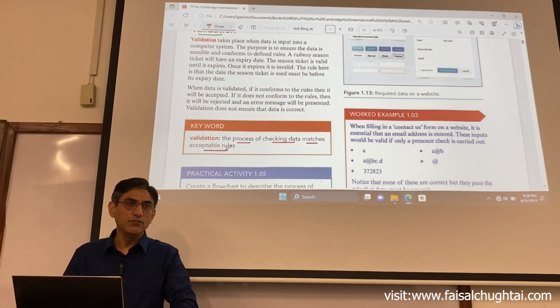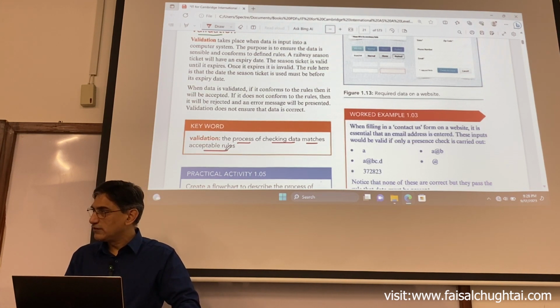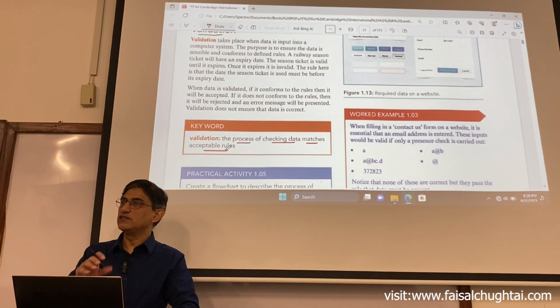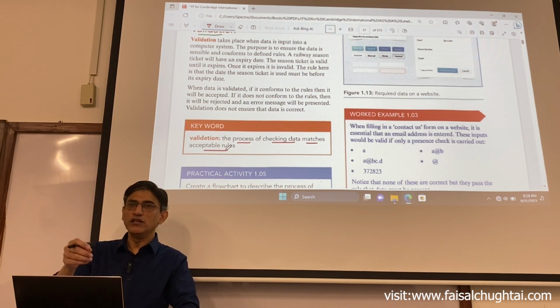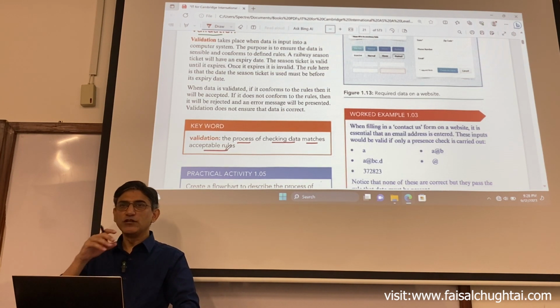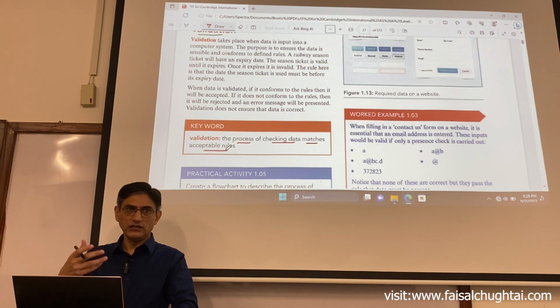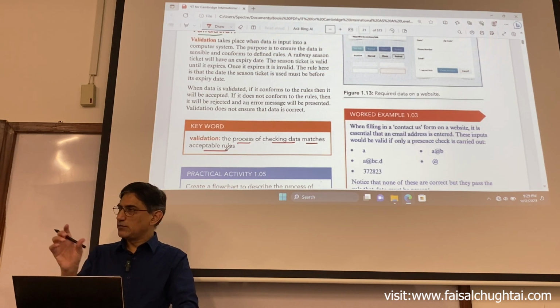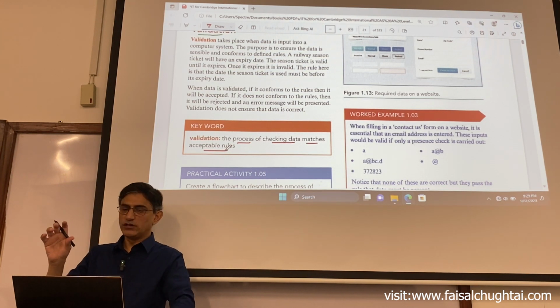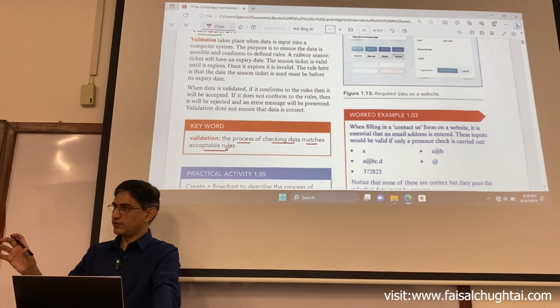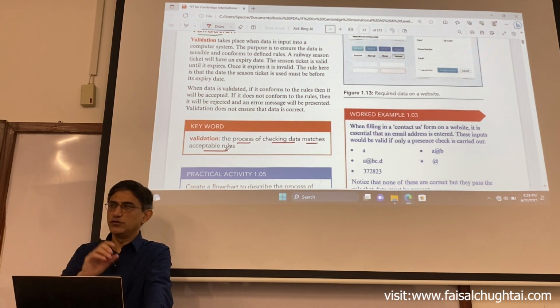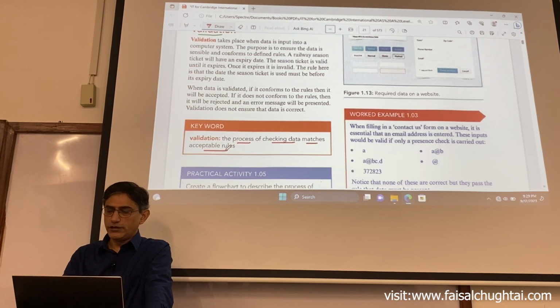Those rules have already been implemented by the person who designed that program. He would have programmed them into the program, so that when the program is used, those rules are used to check the data against any incorrectness or inaccuracies, and it can be corrected. So there are some acceptable rules for all sorts of inputs, and validation would just ensure that whatever data you're inputting matches those rules of acceptability. If it does not, it should be reported. All right?